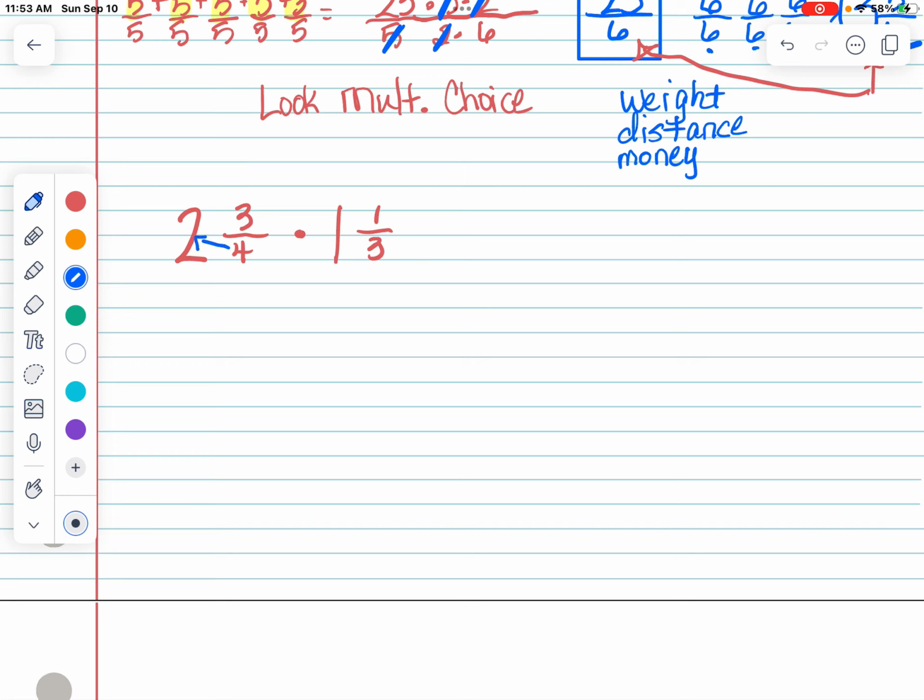And there is a shortcut for figuring out mixed numbers to improper fractions. 2 wholes means it's 8/4. And then 8 plus 3 is 11/4. 1 whole is 3/3. And 3 plus 1 is 4/3.